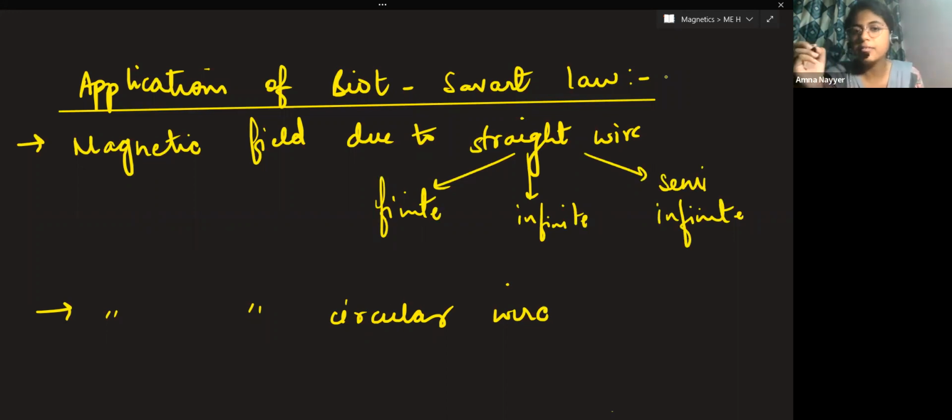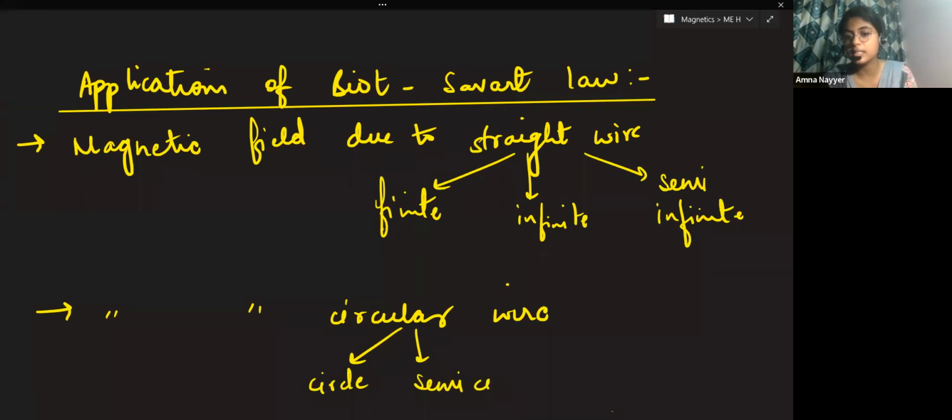And then magnetic field due to a circular arc. Circular arc will also have different cases: at the center of a circle, at the center of a semicircle, then for a random circular arc subtending any random angle.